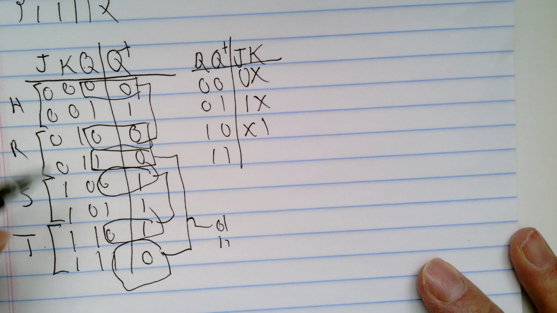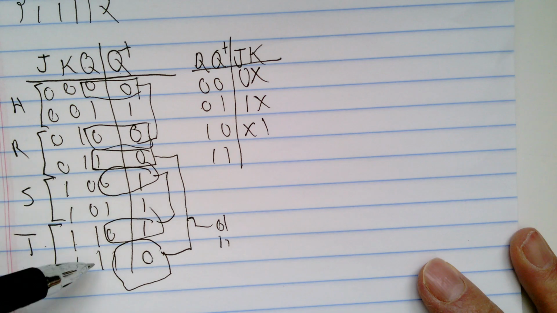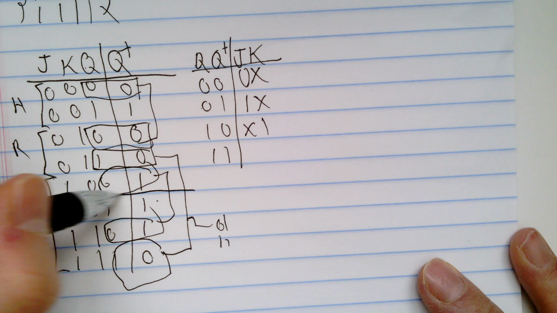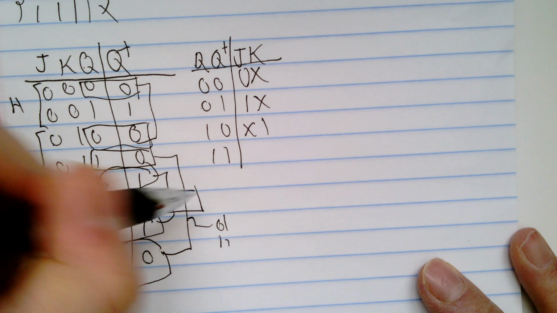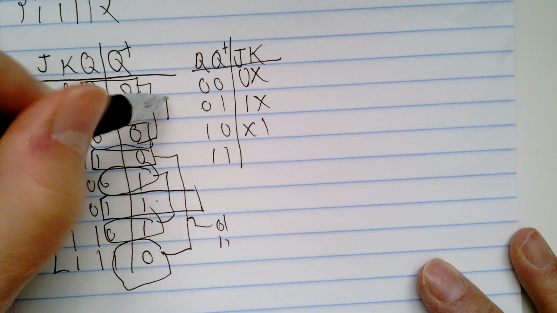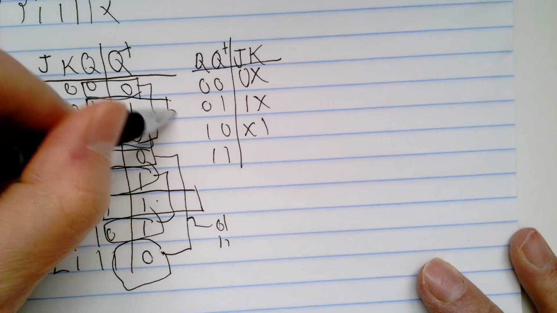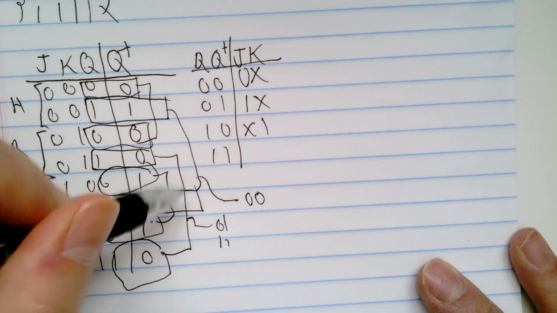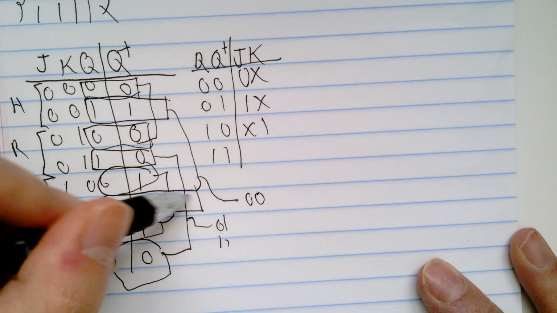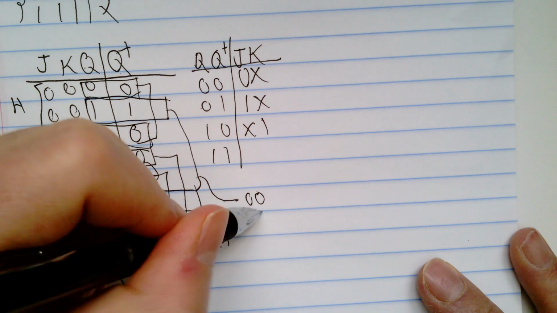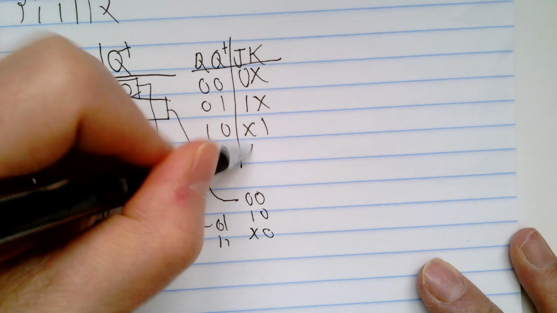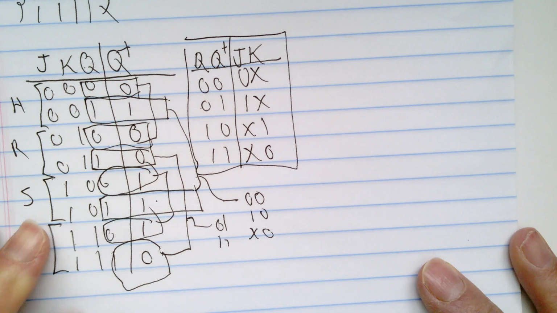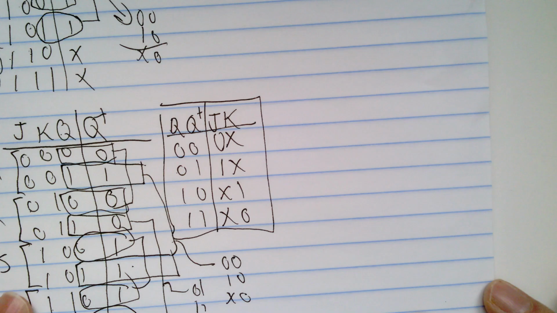And if you want to go from 1 to 1, it's 0, 0, or 1, 0, which means it's don't care 0. This then is the remapped excitation table for the JK flip-flop.